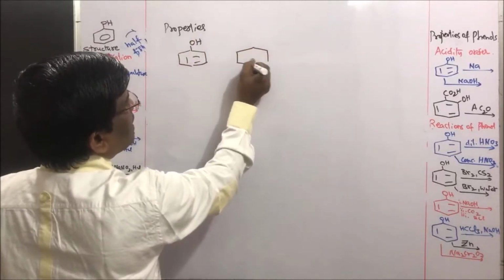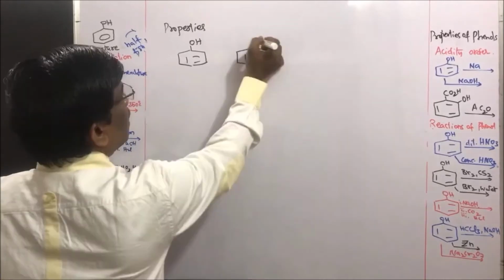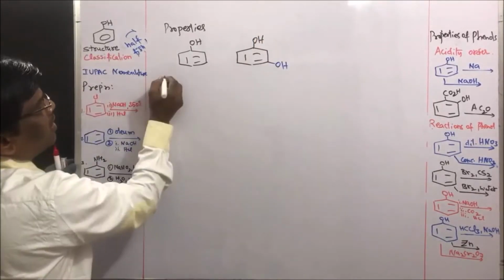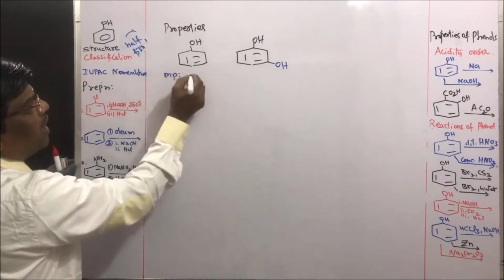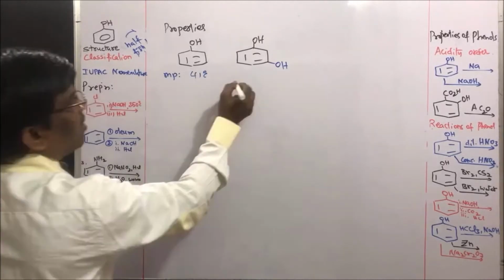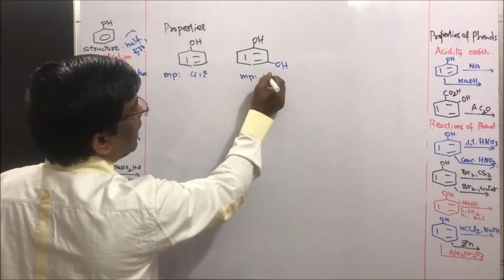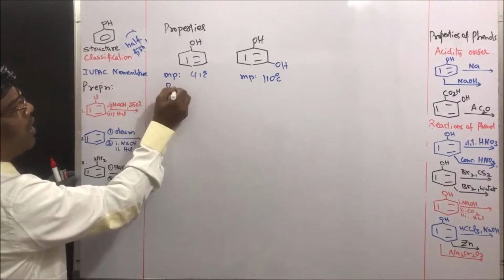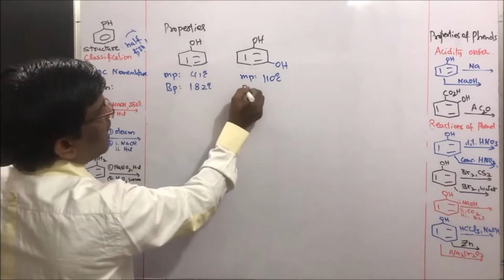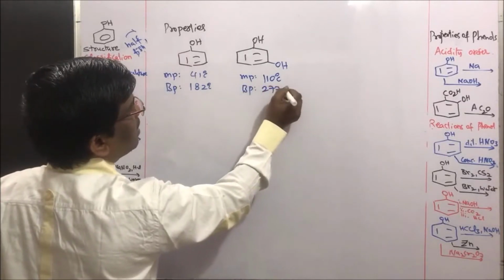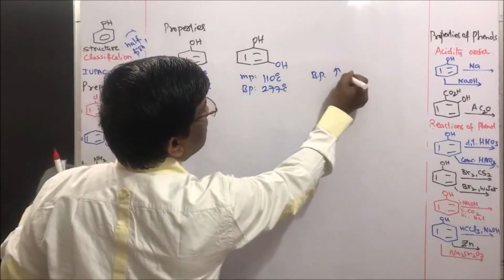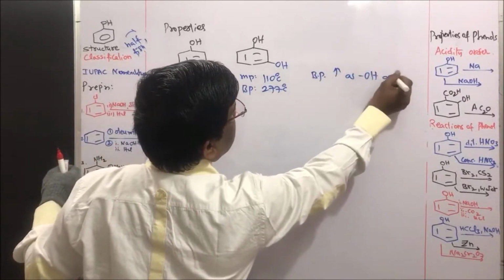If I take phenol and resorcinol, the melting point of phenol is about 41 degrees centigrade, whereas resorcinol's melting point is 110 degrees centigrade. The boiling point of phenol is 182 degrees centigrade, whereas resorcinol is 277. So the boiling point increases as hydroxy groups increase.